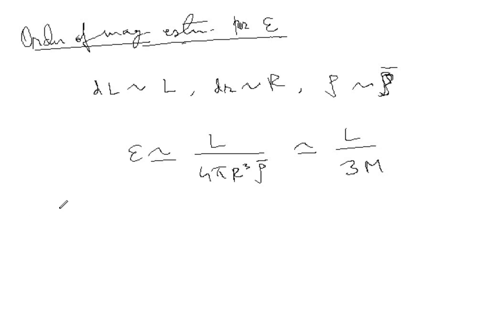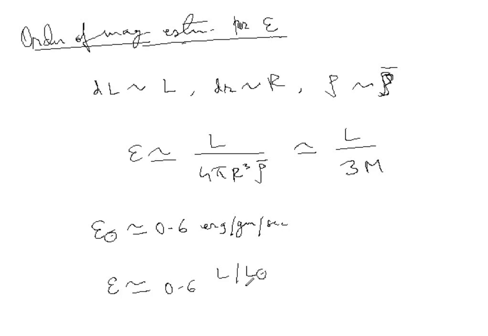this is just L by M. Now if we take the numerical values for the sun, we get approximately 0.6 erg per gram per second, and so we can write for other stars epsilon as 0.6 L by L solar divided by M solar erg per gram per second.